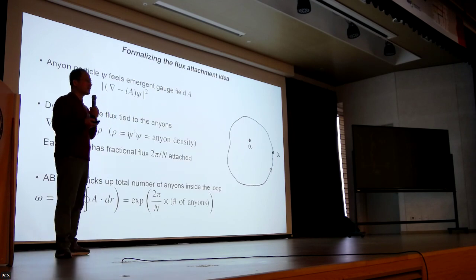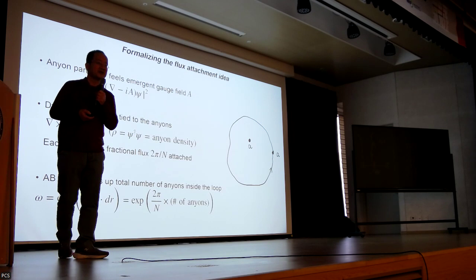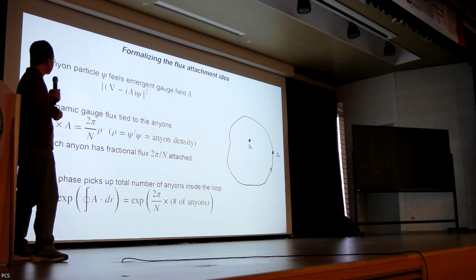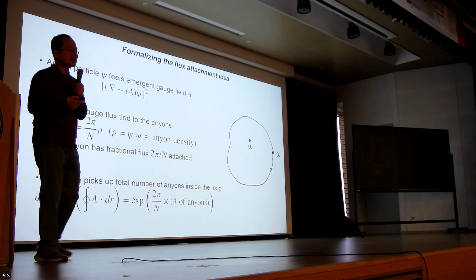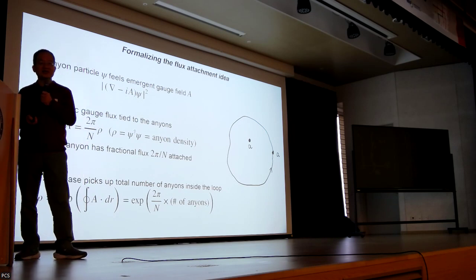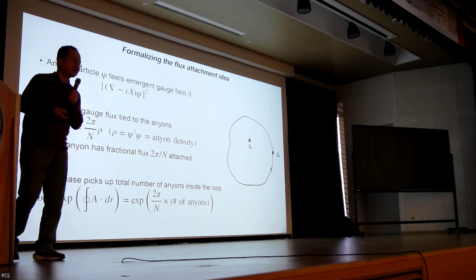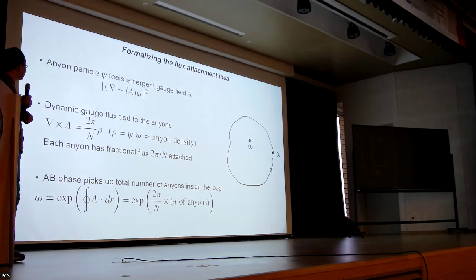Now, we can formalize that picture with some field theory. So in the field theory, you say that this particle, represented by its psi, is coupled to some gauge field, but this gauge field is not an ordinary external background gauge field. It's rather a dynamical one whose curl equals the local anyon density.